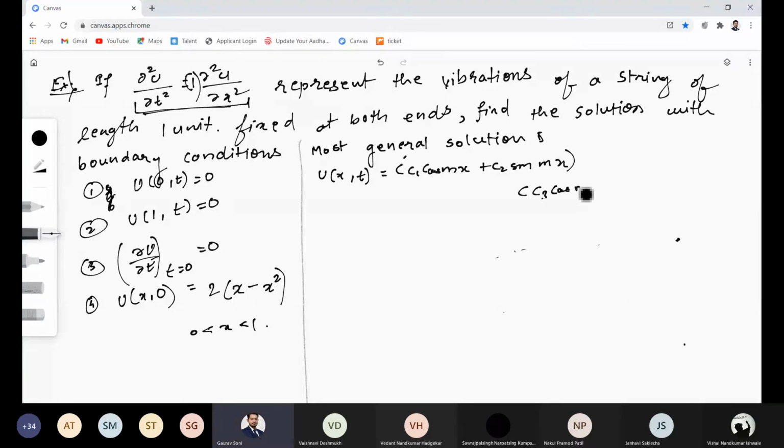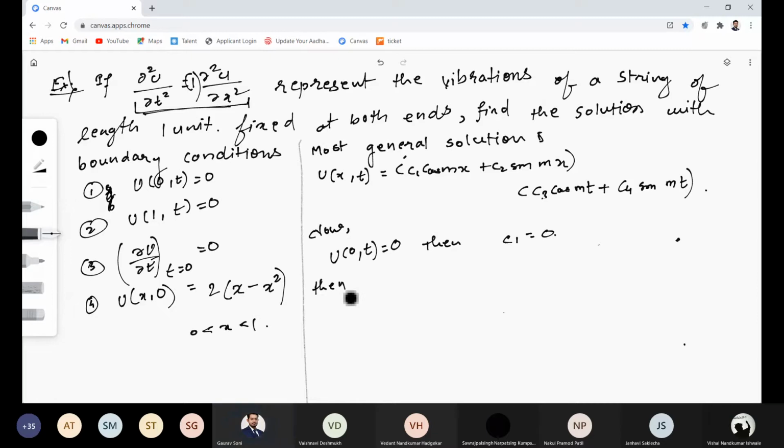So what we get is C3 cos mt plus C4 sin mt. U(0, t) = 0 will imply that, just like our remark, C1 = 0.